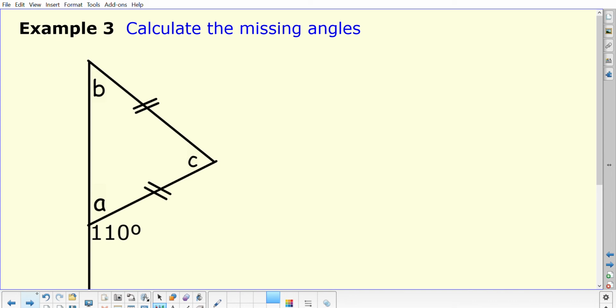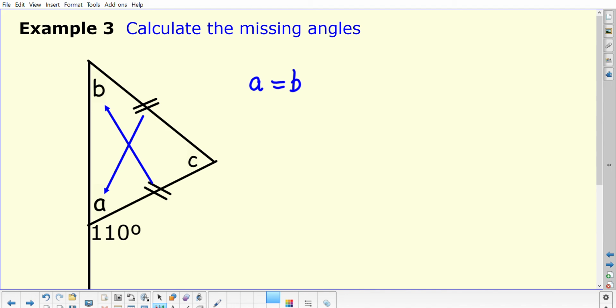We recognise it's an isosceles triangle, so if you've sketched the diagram, then mark on where the equal angles are, and remember, that will be across from your equal sides. That would tell us in this particular diagram that A and B are our equal angles.